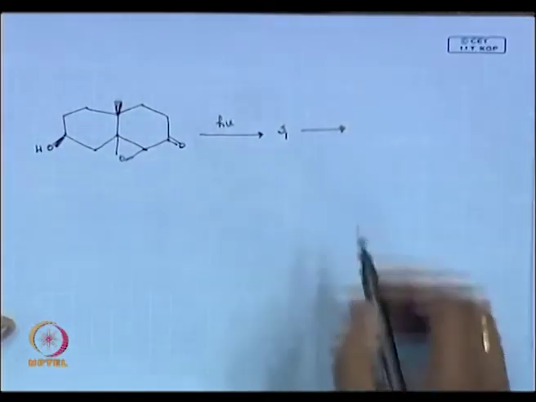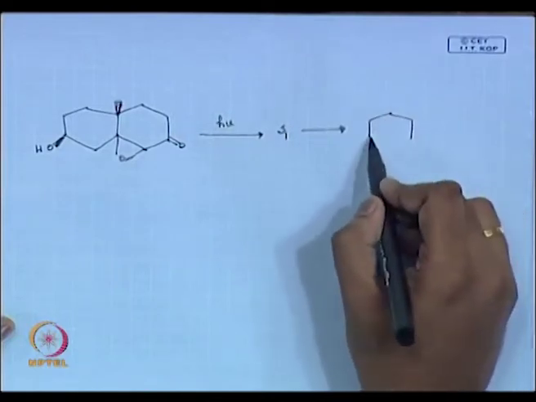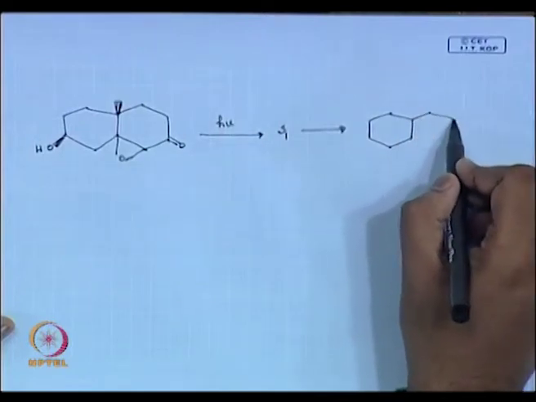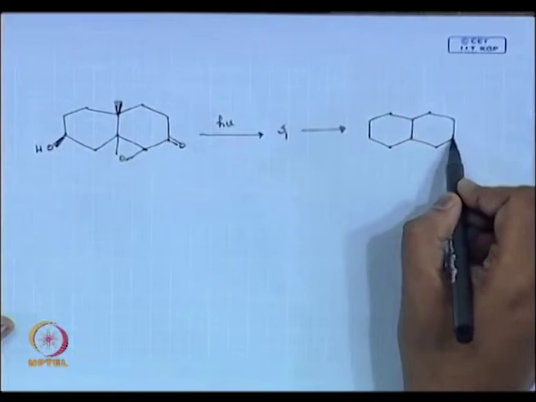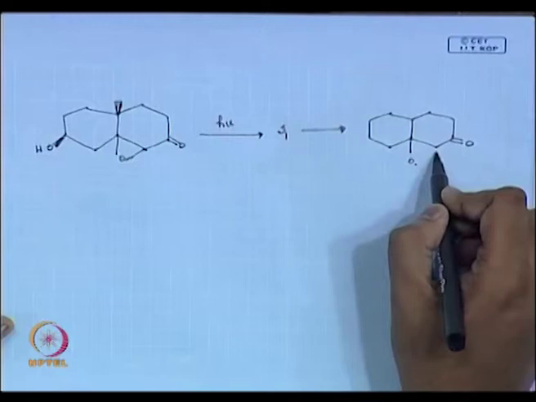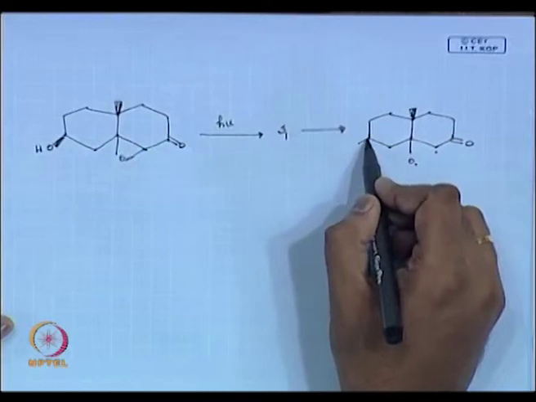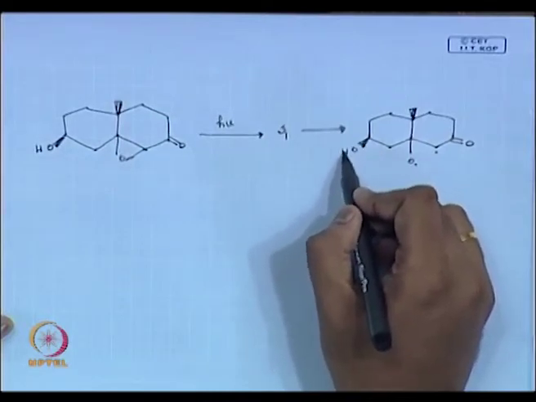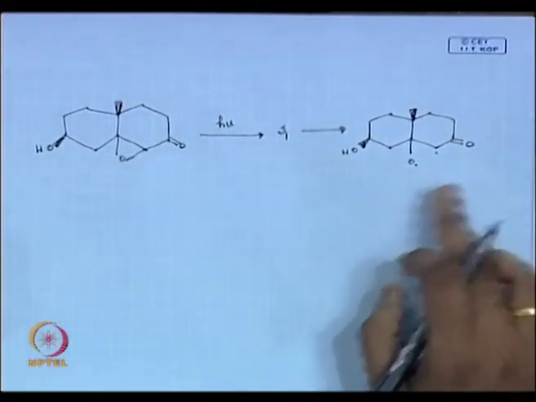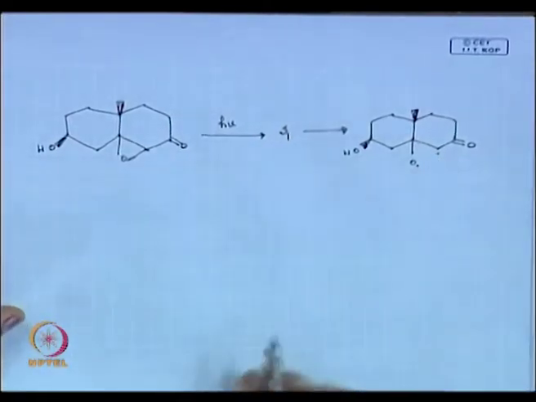From my S1 I can get a system where again I am getting a 1,2,3 diradical, right, 1,2,3 diradical system.